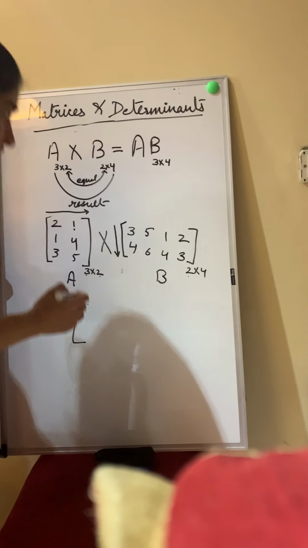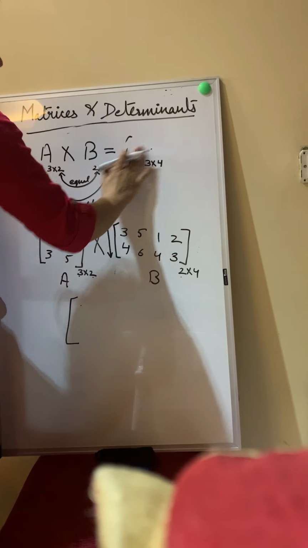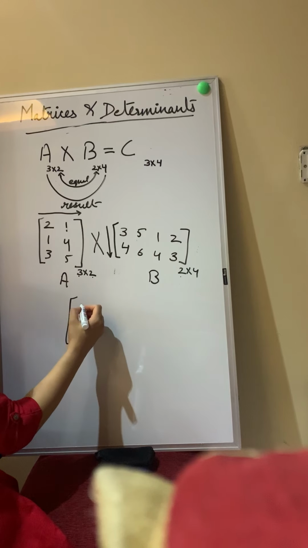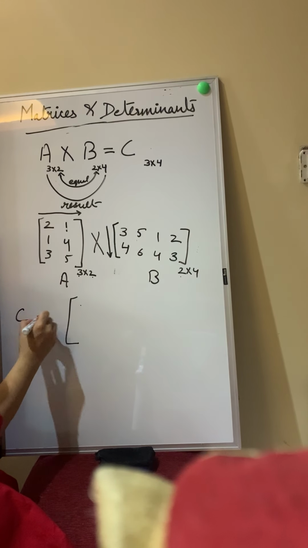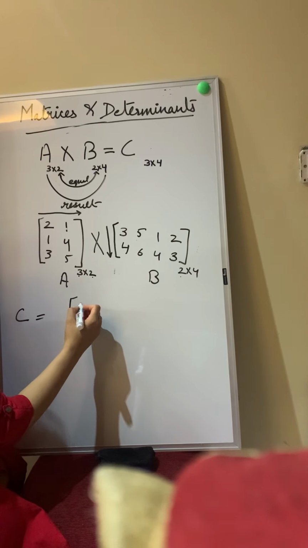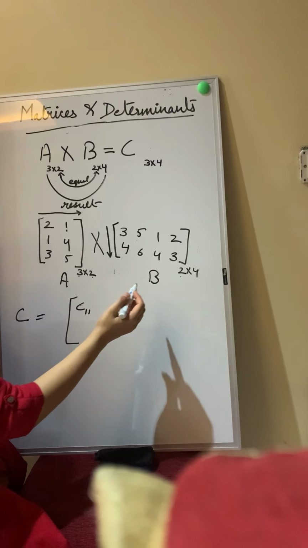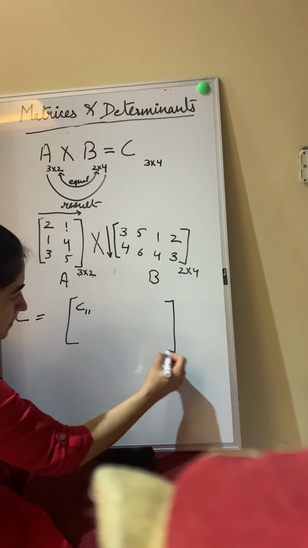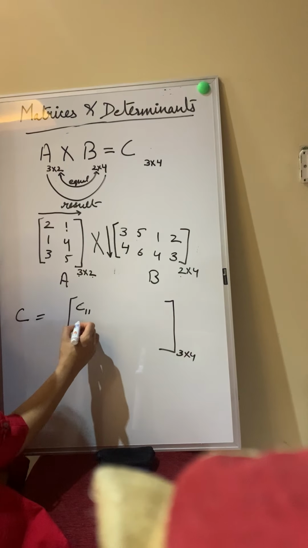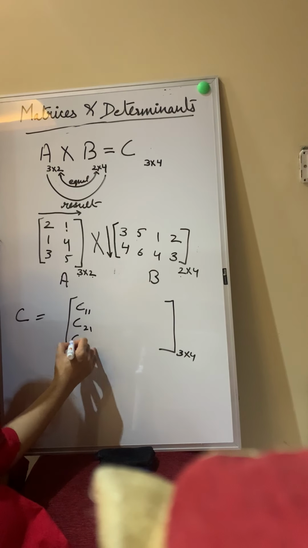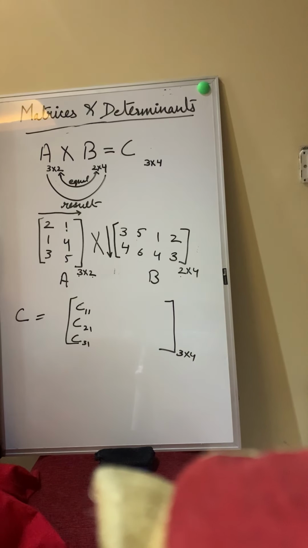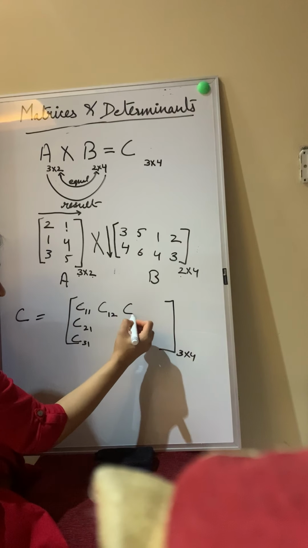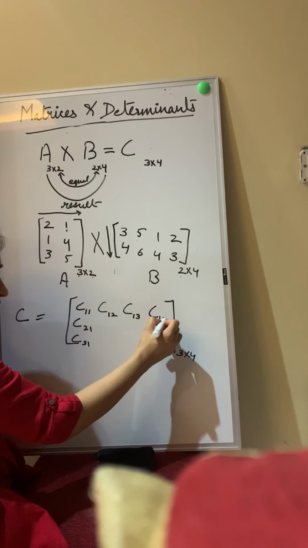That means, if I am taking this as C, the resulting matrix C will have elements such as C11, C21, C31. The order is 3:4. I am writing the elements of the resulting matrix. Here it will be C12, C13, C14.